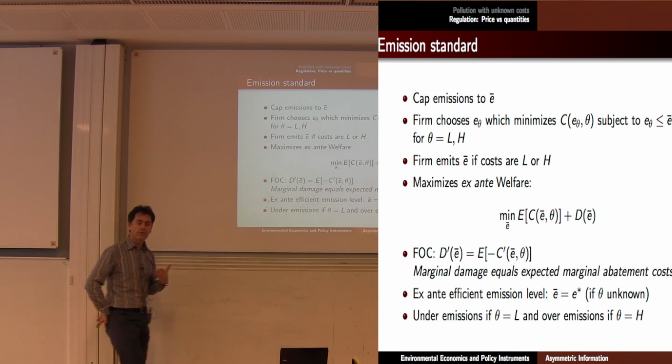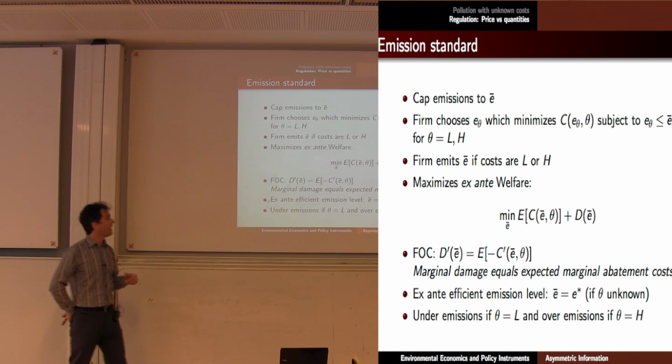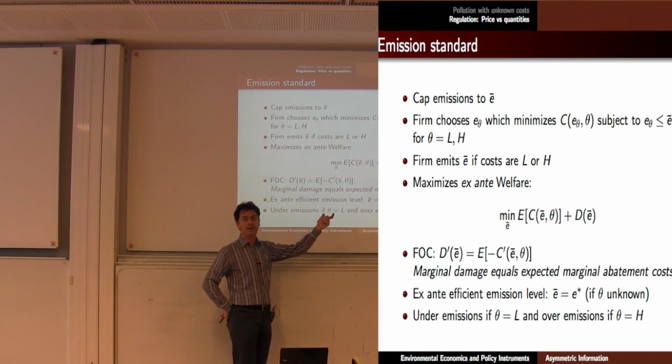Now let's design the regulation. What will be the cap chosen by the regulator? The regulator will decide about the cap which minimizes the social cost of pollution. And here, because the regulator does not know if costs are high or low, the regulator will get the expected social cost of emission. That is the expected cost plus the damage.